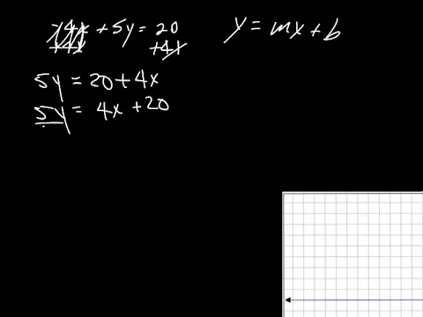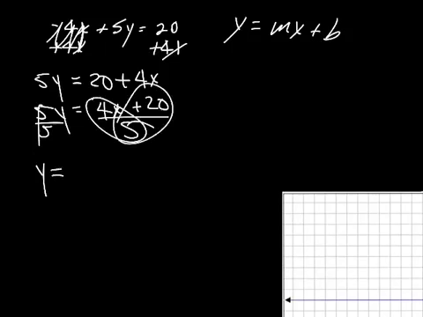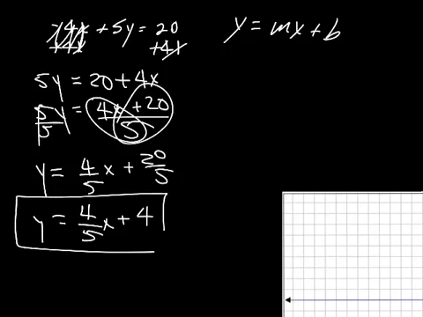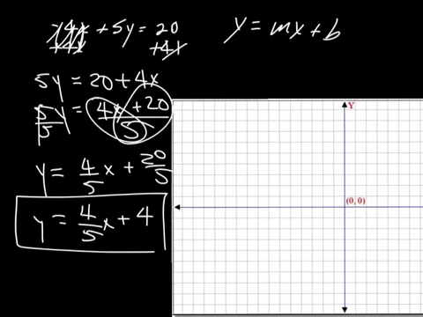And then we divide by 5, and that cancels, so we have y equals, and again we split these up, 4/5 x plus 20 over 5, and 20 over 5 will reduce to 4. So there's my equation, and then now I'm able to get my slope and y-intercept. So here's my slope, the number in front of the x, there's my y-intercept. Alright, then it asks us to graph.